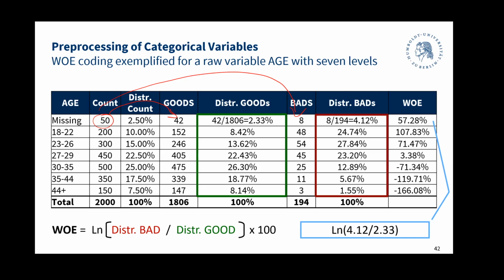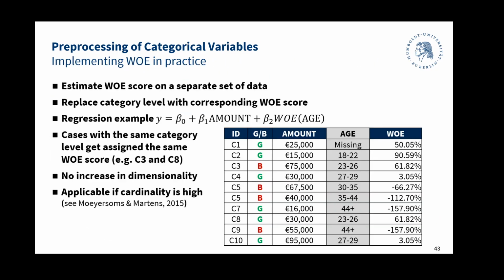And then you don't have any dummy variables anymore, which would increase your dimensionality. It's also exemplified here, and on this slide you also see the resulting hypothetical regression model, where we have only two variables, although originally we had amount and age as covariates, age with different levels.